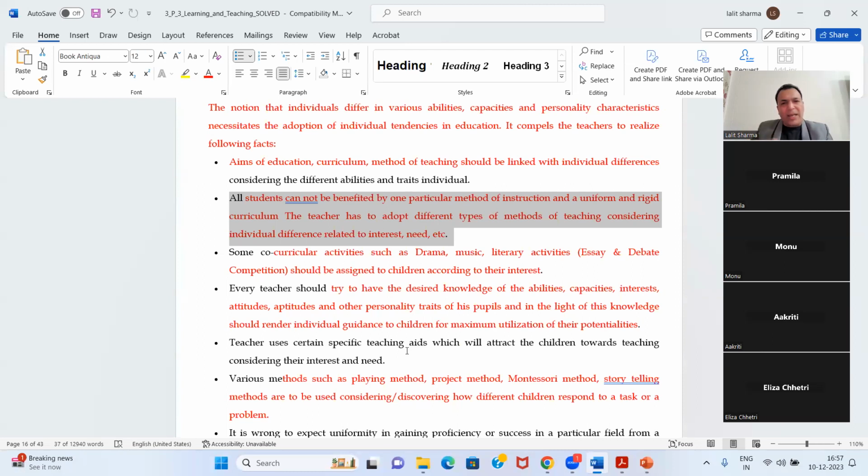Right? So guys, in everything in the educational process, you have to act according to individual differences, according to the mental level of the student and the interest level of the student. You are there in the school to improve the personality of the student and the harmonious development of the student.